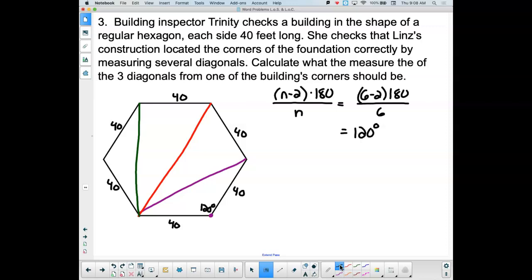Which means, since they're both 40, the two other angles are equal. So if you do 180 minus 120, you get 60. Divide that by 2, you get 30. So that one's 30, the other one's 30.